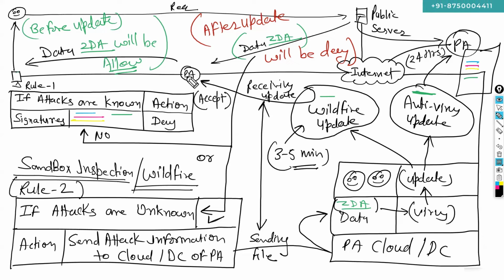So WildFire subscription enabled customers will receive the unknown attack information after every 3 to 5 minutes. Those customers who don't have a WildFire subscription will get attack information, but not immediately. They will get attack information after 24 hours. So this is the main difference between the WildFire update and the antivirus update. The WildFire update will come after every 3 to 5 minutes if you have purchased the WildFire subscription.